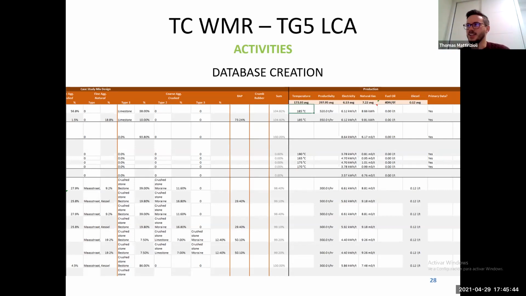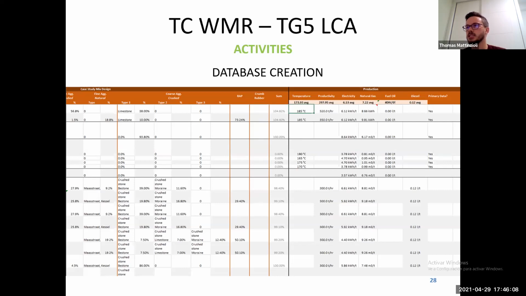Hello, everybody. I'm going to quickly go over some of the extra parts about the TG. So from all the data that you've already kindly provided to us, we've started to create a database with all this information. As you can see here, there's a screenshot from stage A3 manufacturing.